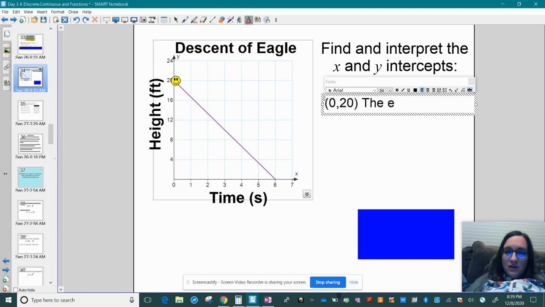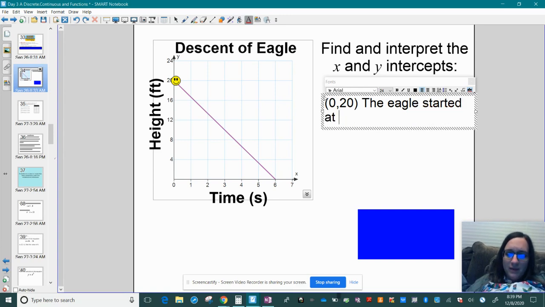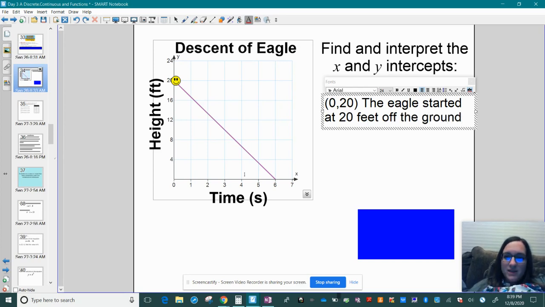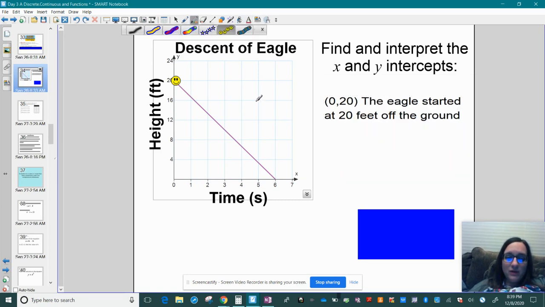The eagle started at how many feet? 20 feet off the ground. Our time in seconds, if we're looking for our y-intercept, we already found it.